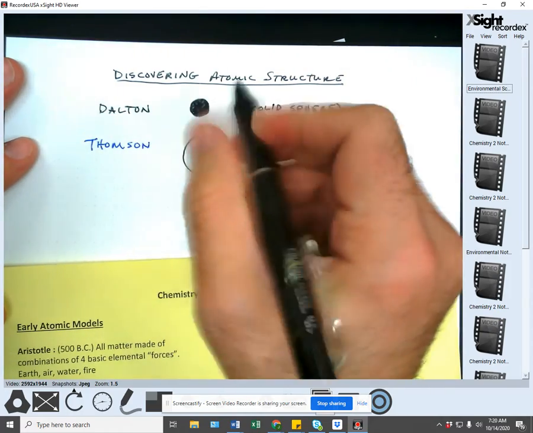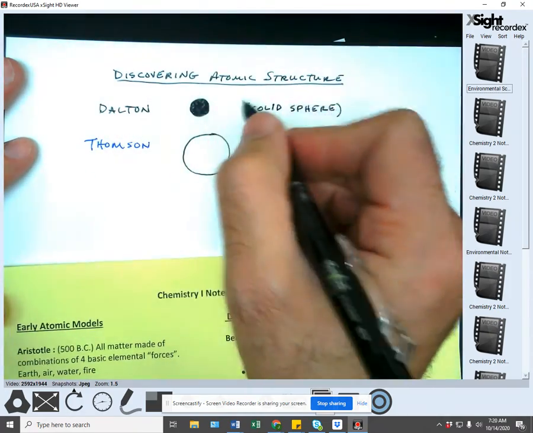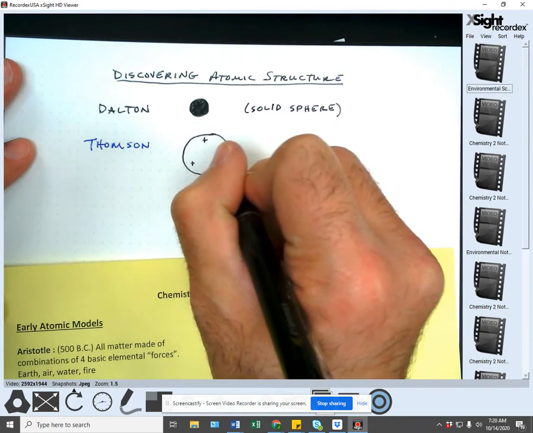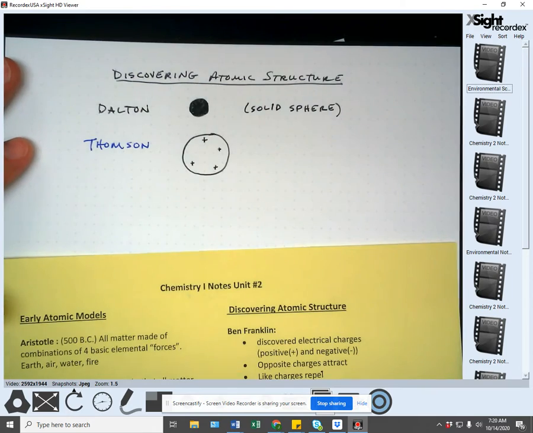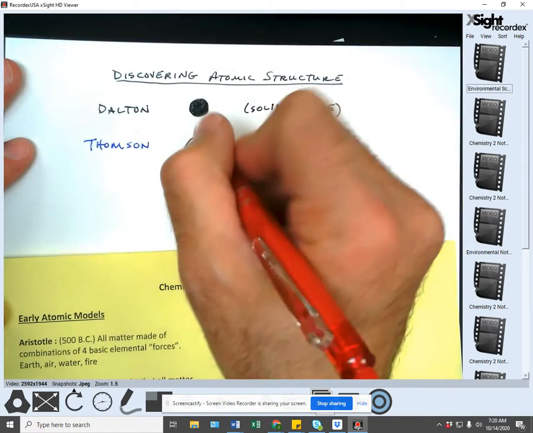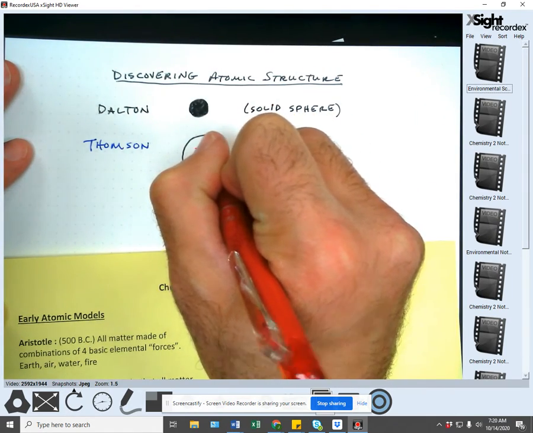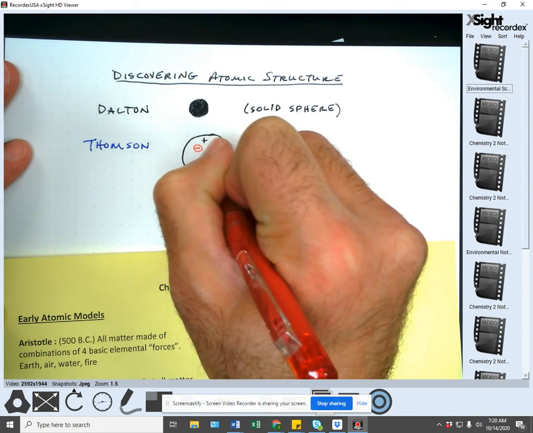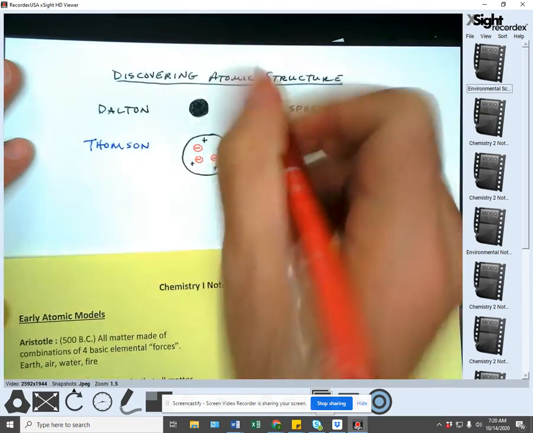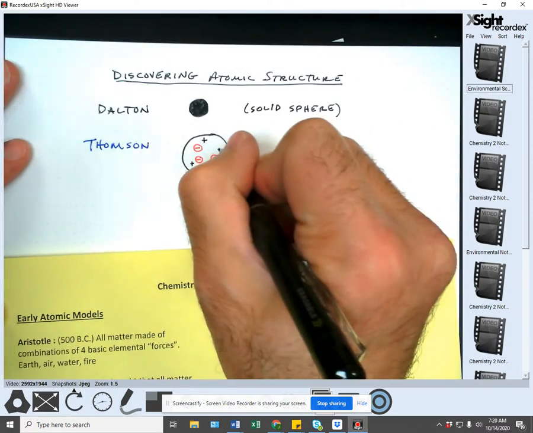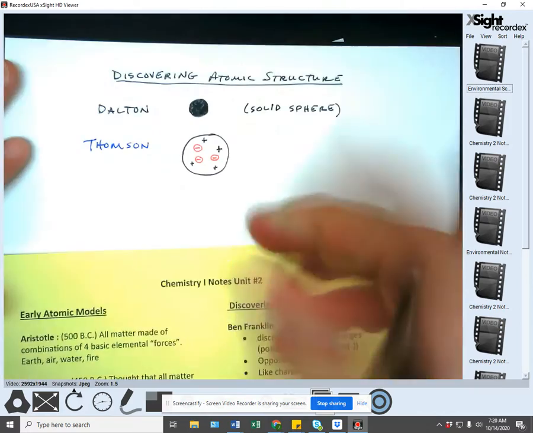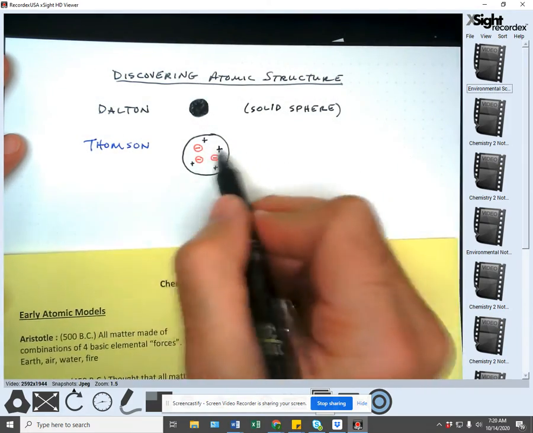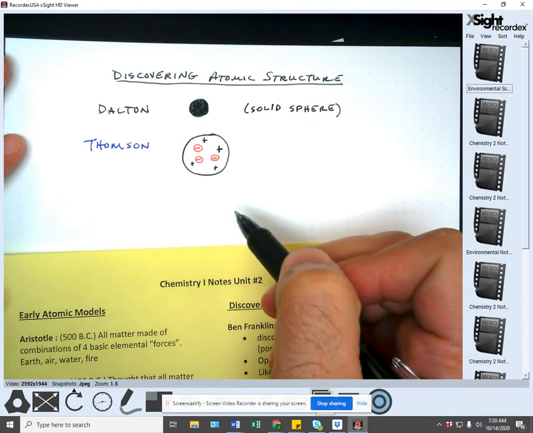You've got a positively charged mass, but in that positively charged mass you have electrons, discrete, which means actual physical electrons, floating around inside it.